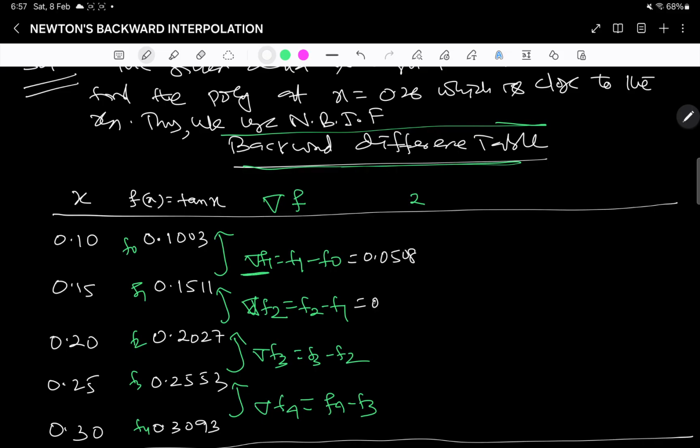It will be 0.0516. It will be 0.0526. It will be 0.0540. So now coming to my second order. Irrespective of whether I write del or inverted del, the same table will work, and I just find this difference.